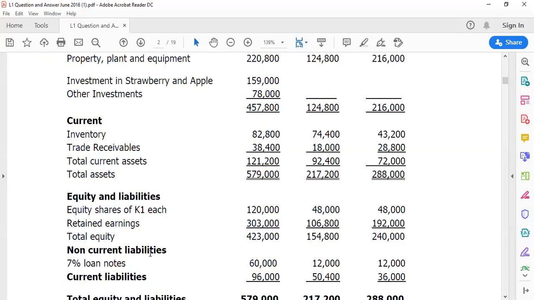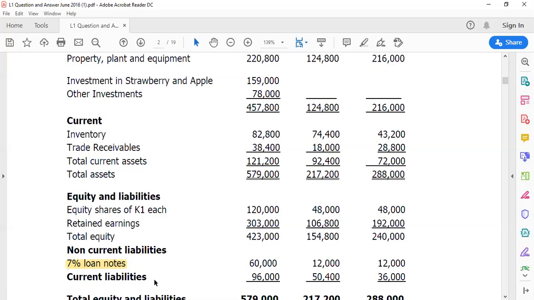There we go. Non-current, we have this loan. You see that loan? 7% loan. Can you see the loan? Yes, 7% loan. So that's non-current.